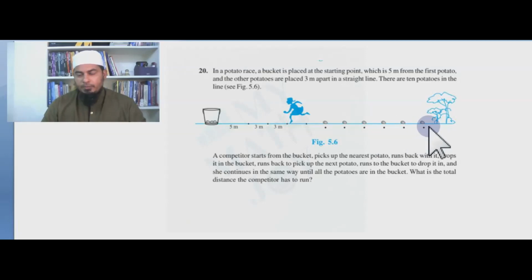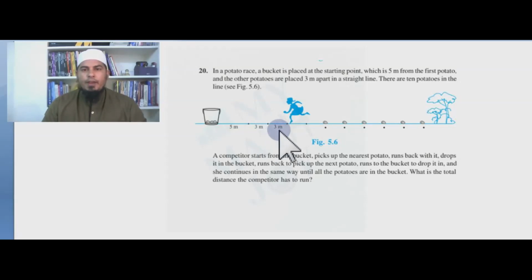A competitor starts from the bucket, picks up the nearest potato, and runs back with it. From here the runner is moving, taking this potato, coming back and throwing it here, then running from here, taking the next potato, throwing it back, and in this way the potato race is completed.